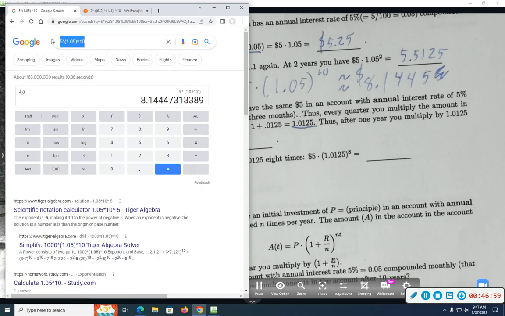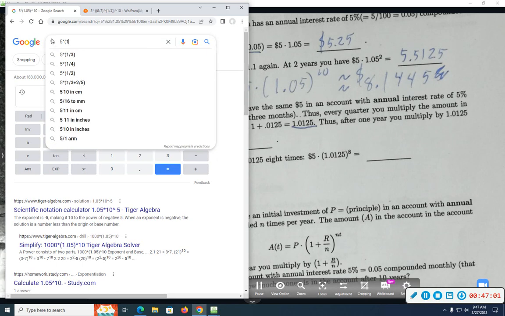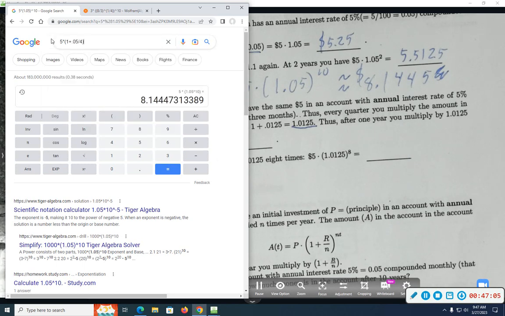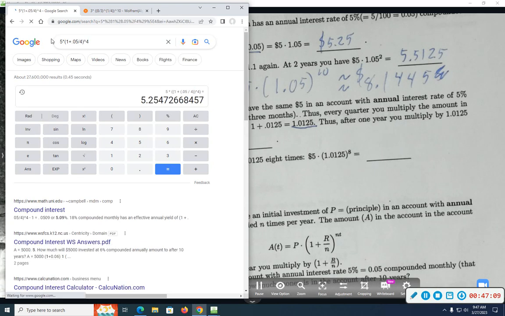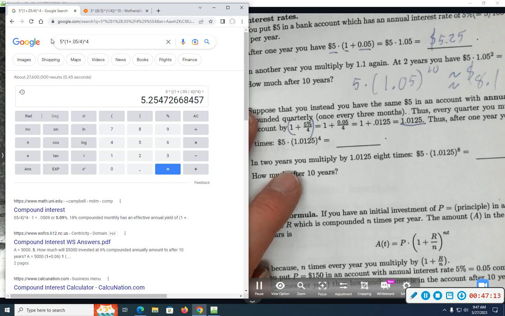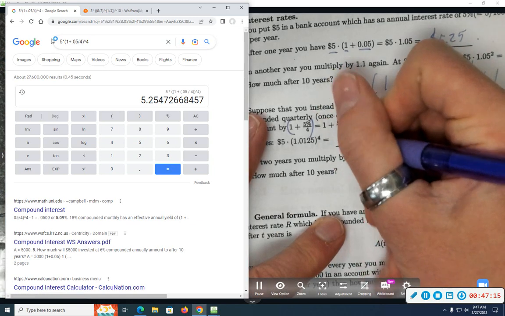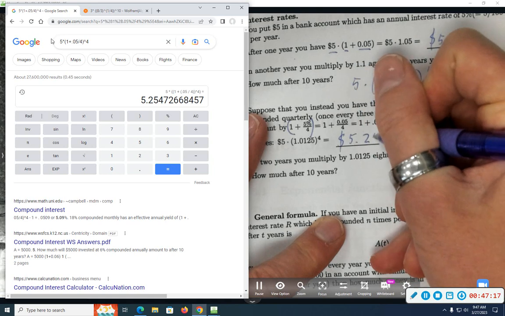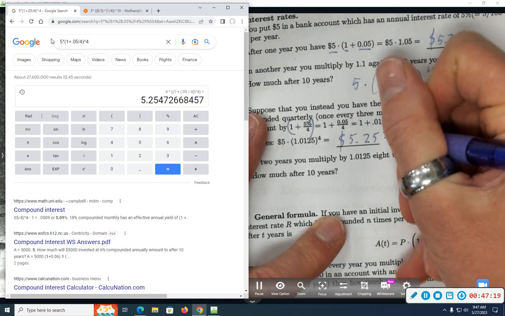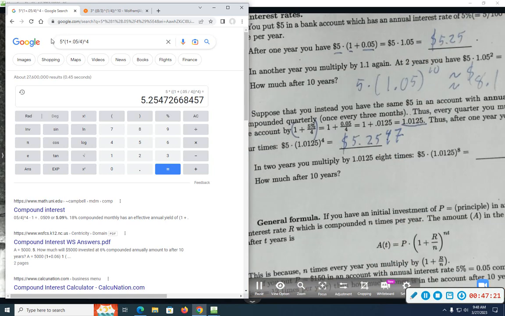I'm going to take 5 and multiply it by 1 plus 0.05 divided by 4, and I want to raise that to the 4th power, giving me a total of $5.25, and I guess 47/100ths of a cent.